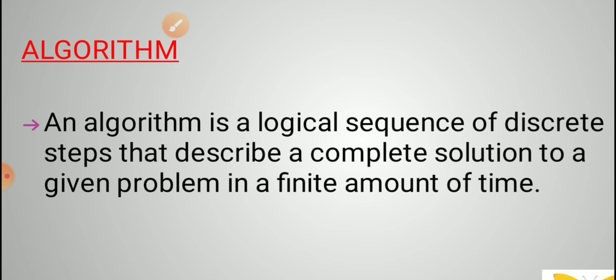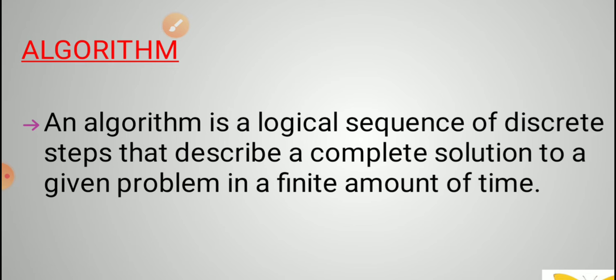But there are certain constraints to be placed on the type of operations an algorithm can include. So we come to the conclusion. What is an algorithm? An algorithm is a logical sequence of discrete steps that describe a complete solution to a given problem in a finite amount of time.